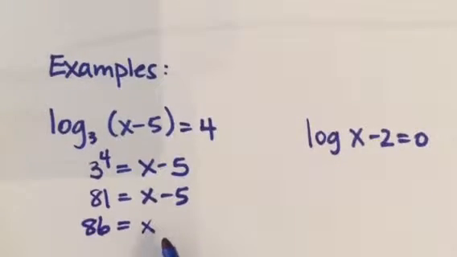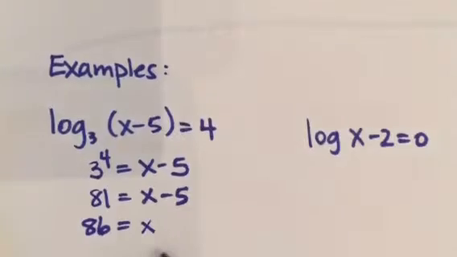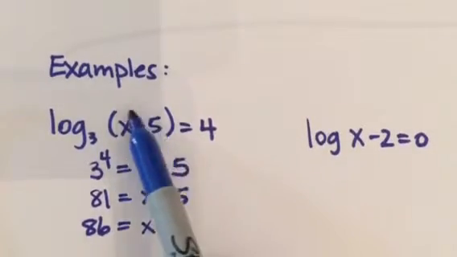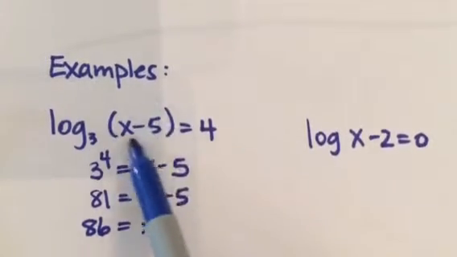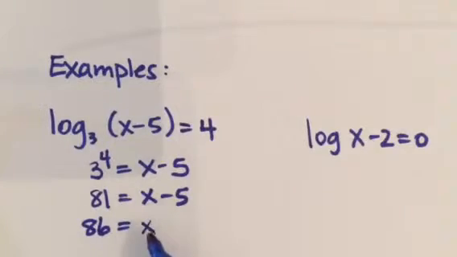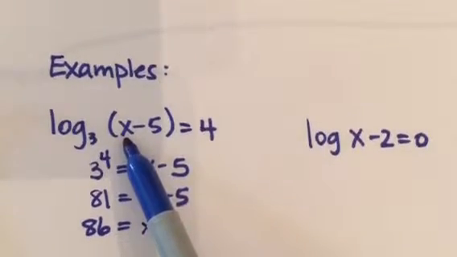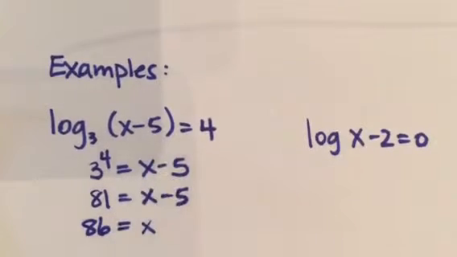So what I need to do, and this is really important, is that when I solve for x, I need to take this solution, plug it back in, and make sure that I'm not generating something negative here. This can be negative as long as the argument itself is not negative. In this case, when I substitute the 86 in, what I'm taking a logarithm of is 86 minus 5, which is not negative. So I'm okay in this situation.